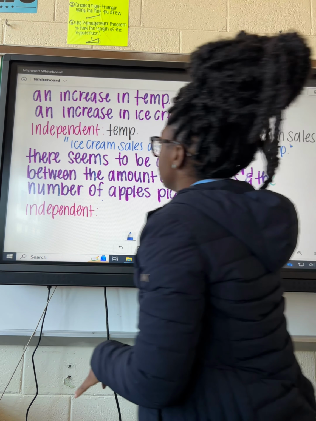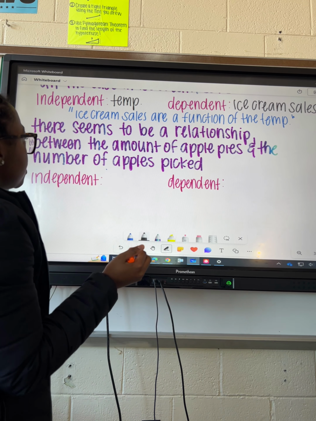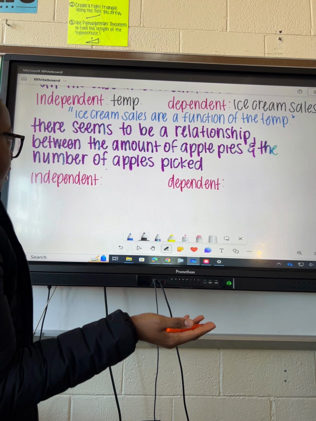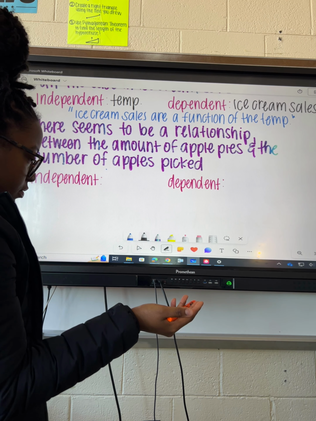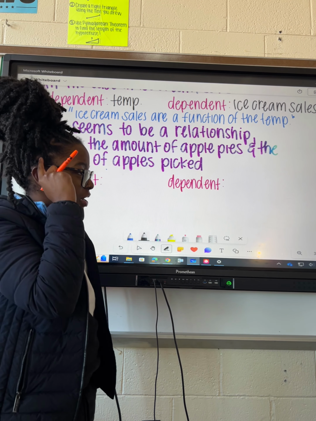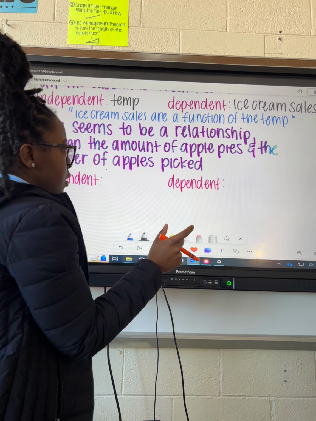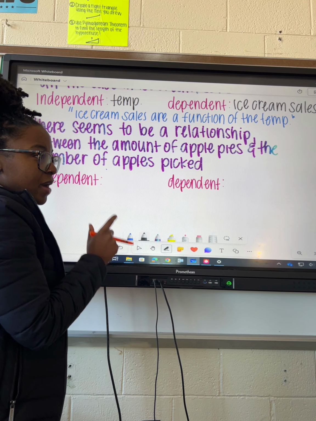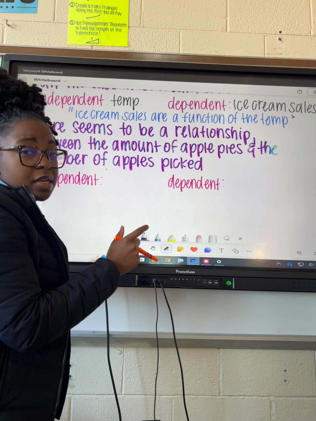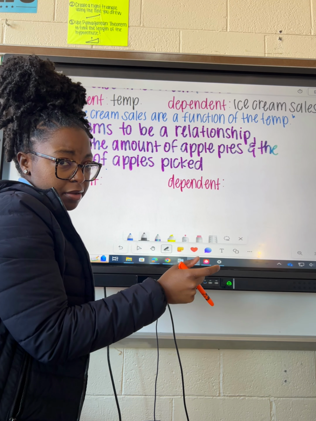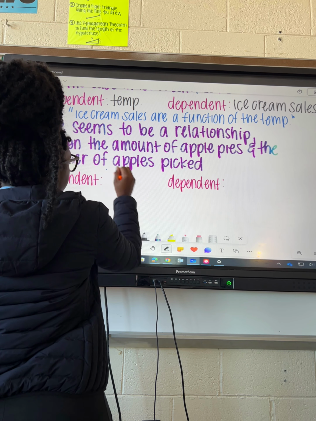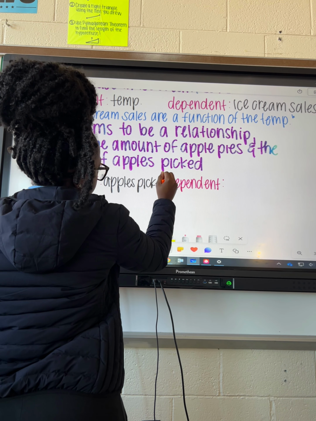Okay, let's try another one. There seems to be a relationship between the amount of apple pies and the number of apples picked. I'm gonna think to myself, which one depends on the other? The amount of apple pies we make obviously depends on how many apples we pick, right? So the apples picked is the independent, because that's what we can change.